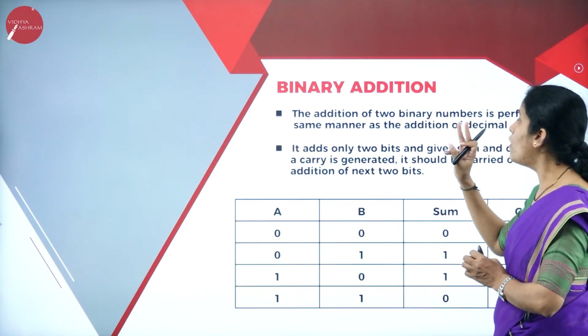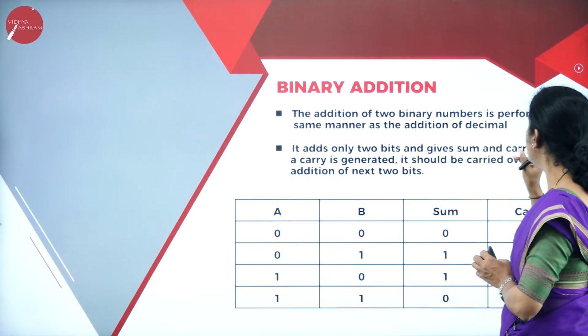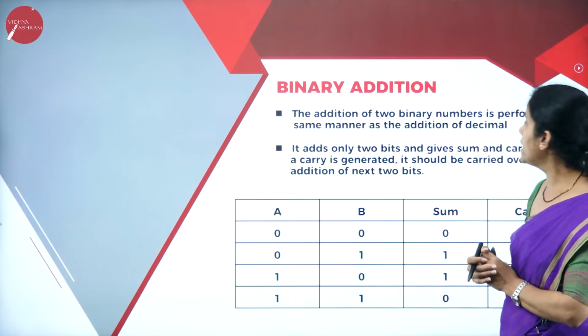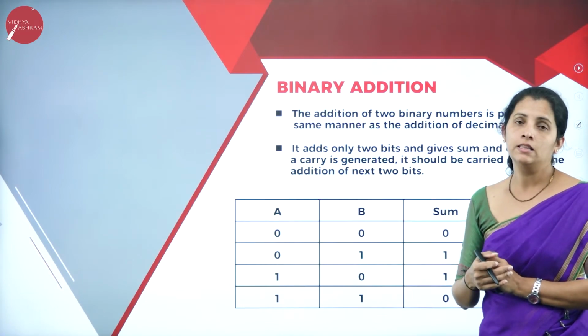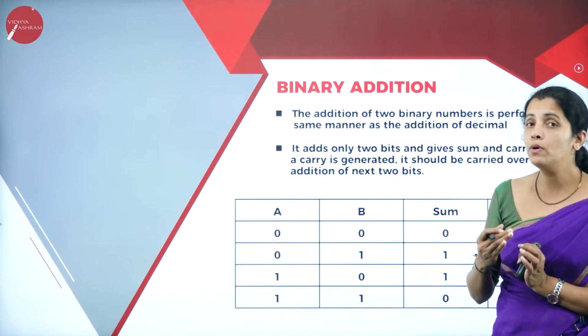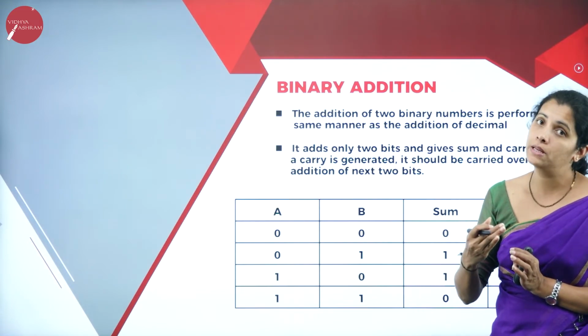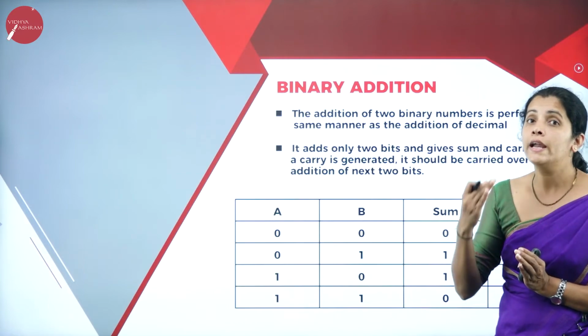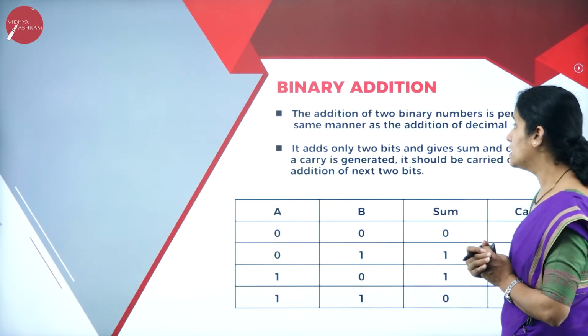The addition of two binary numbers is performed in the same manner as the addition of decimal numbers. That means just as we perform addition of decimal numbers, similarly we can perform the addition of binary numbers.